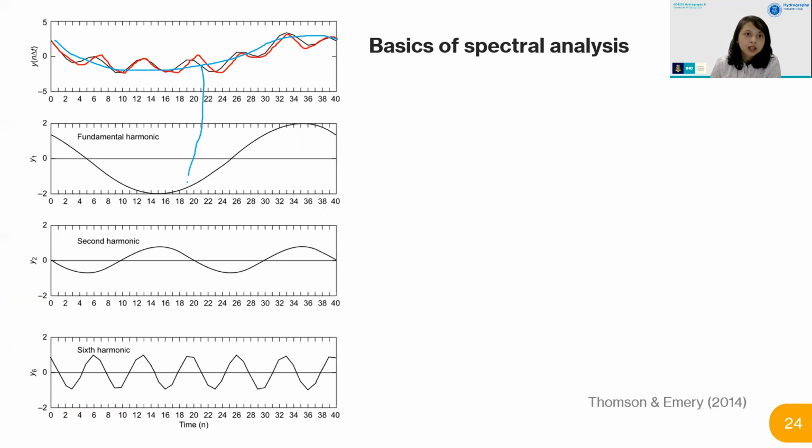So that's your first component. And you can see the second component that looks like this. And then you can divide it into as many harmonics as you want. So that's how you're going to transform the data that is in time into something that is in frequency.